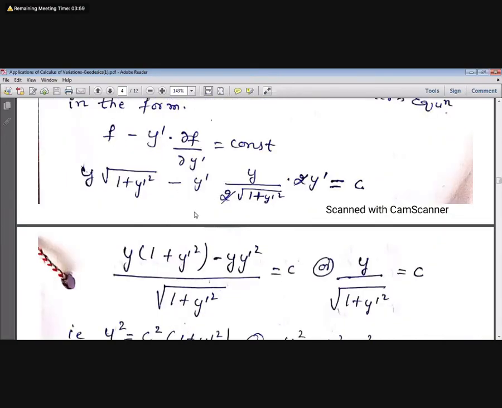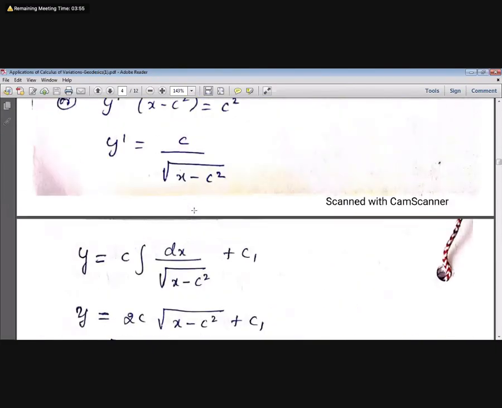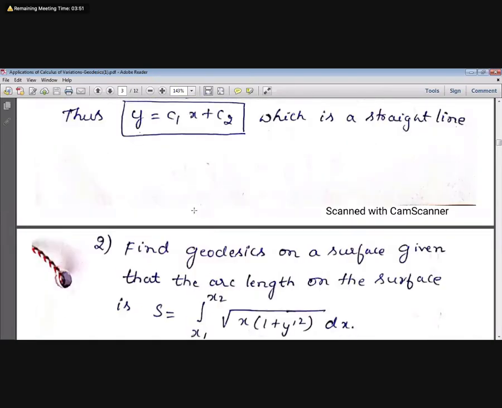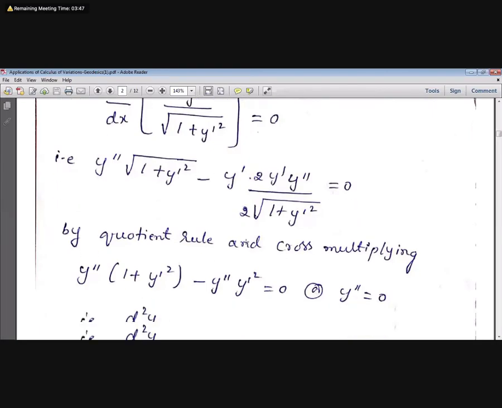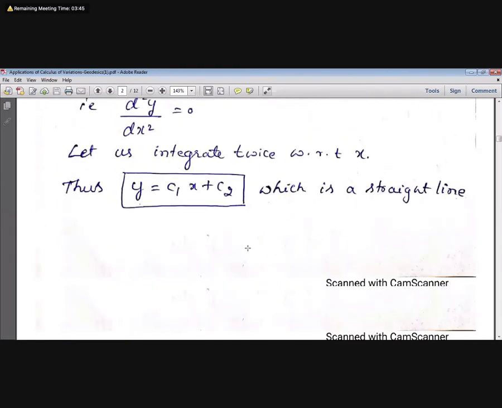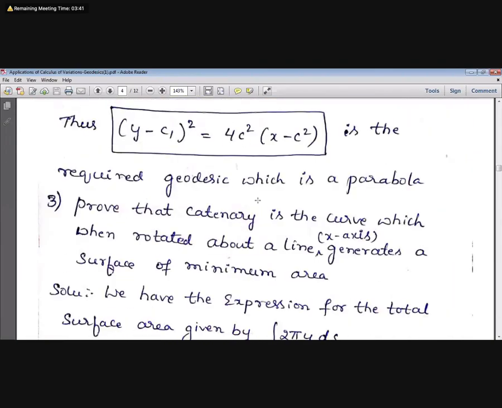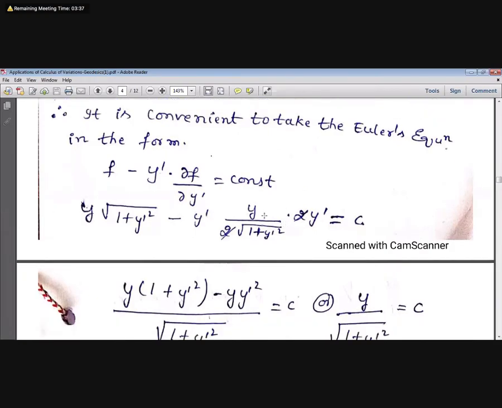It is similar to the previous one from here, almost similar. The function will change a little bit, but it is similar to that. But cross multiply.